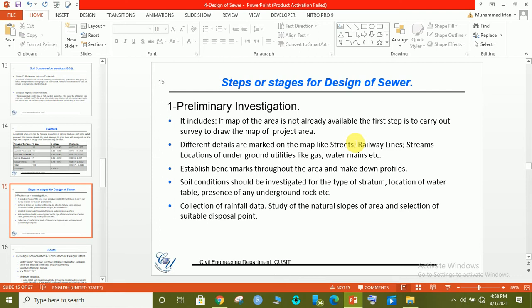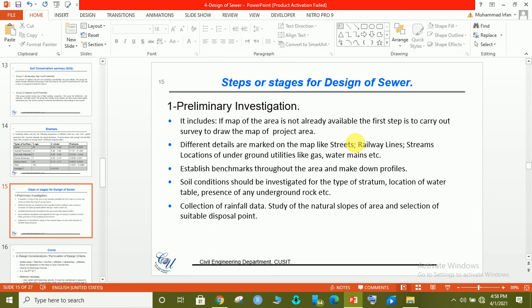Also, the soil conditions should be investigated for the type of stratum and location of water table. The location of water table is very important, because if the water table is very high, it means the water will infiltrate into the sewers, which increases the stage of the water within the sewers.